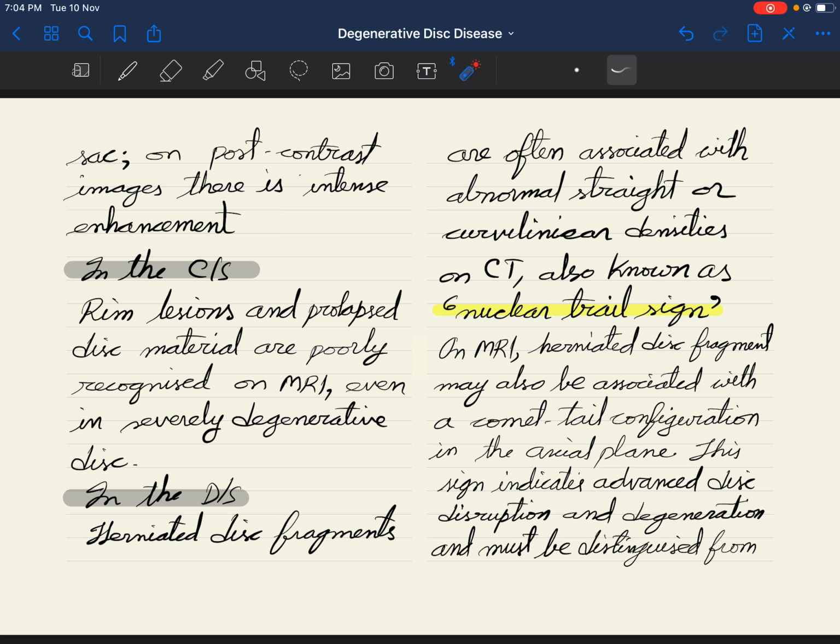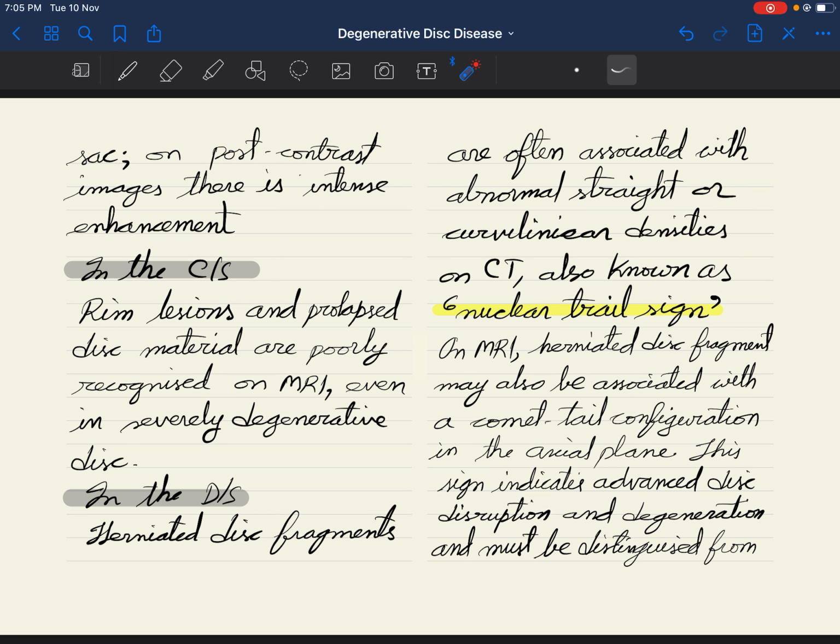Lesions in the cervical spine, the rim lesions and prolapsed disc material, are poorly recognized on MRI in the case of the cervical spine. Even severely degenerative disc lesions of the cervical spine cannot be seen on MRI. In the dorsal spine, herniated disc fragments are often associated with abnormal straight or curvilinear densities on CT scan, also known as the nuclear trail sign.